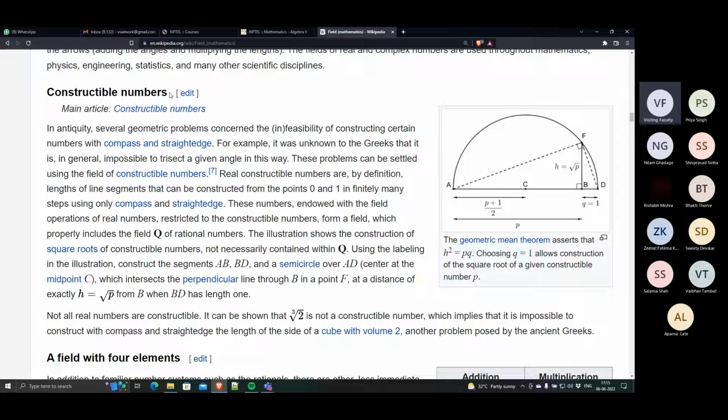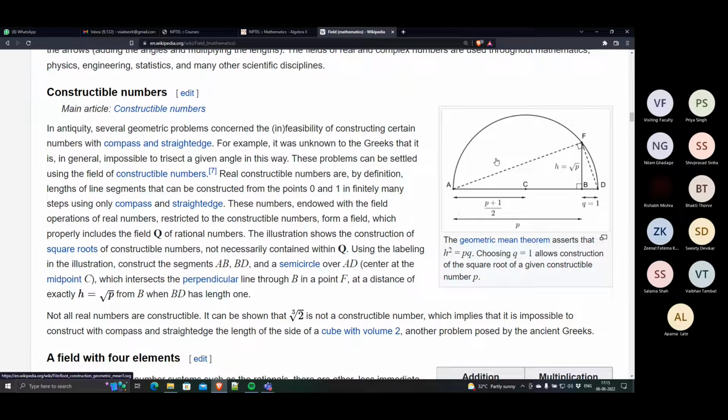Constructible numbers are all those numbers which can be obtained as some side length via some geometric construction. Side length of a triangle, rectangle, or some such figure, or radius of some such circle that you get at the end by drawing some suitable construction. Whatever numbers you get, those are constructible numbers, and that will form a field. In fact, that will be a subfield of the real numbers.